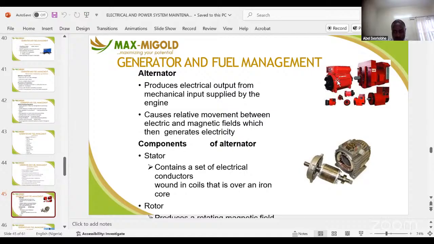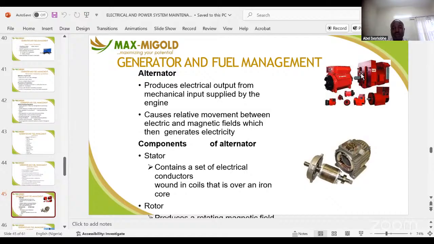So it requires to be set in motion by a mechanical part, the engine. As long as petrol or diesel is coming into the injector and setting the engine block in motion, the flywheel turns, or the shaft rotates this alternator. As long as it's rotating 24 hours, the electricity will be produced.